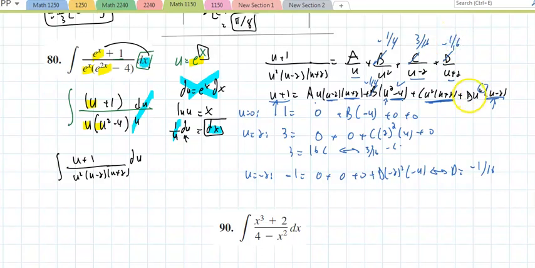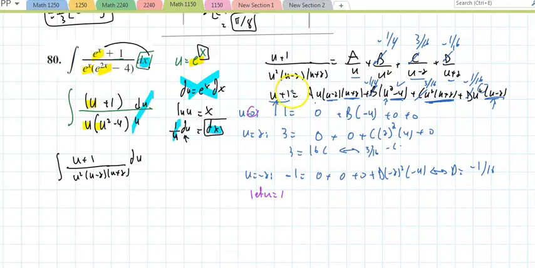Now I know d is negative 1 over 16, and I know that c is 3 over 16. And now I've chosen 0, 2, and negative 2. What if I let u equal 1?